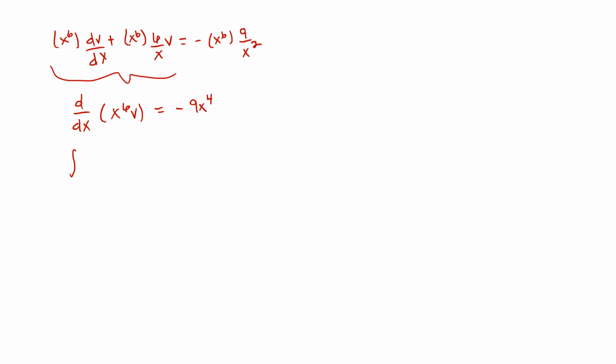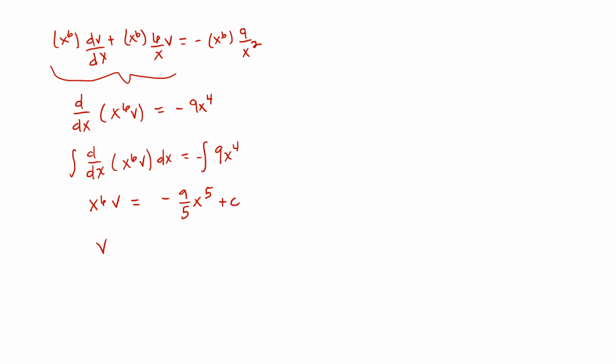If we integrate both sides, okay, we'll get x to the 6th v equals negative 9 over 5 x to the 5th plus c.